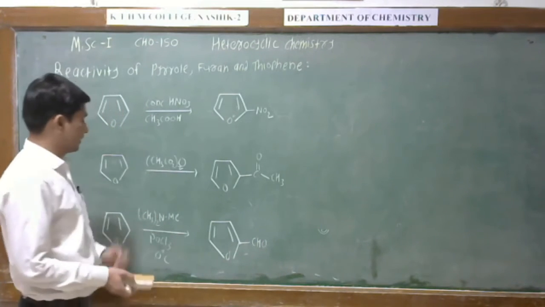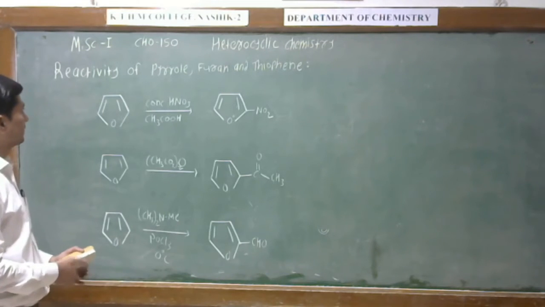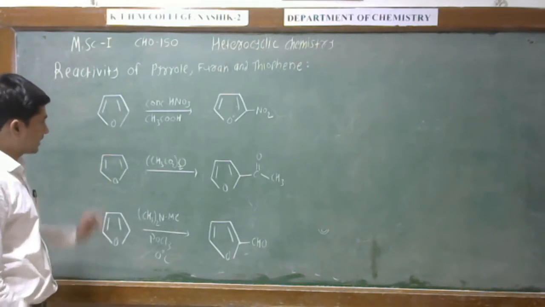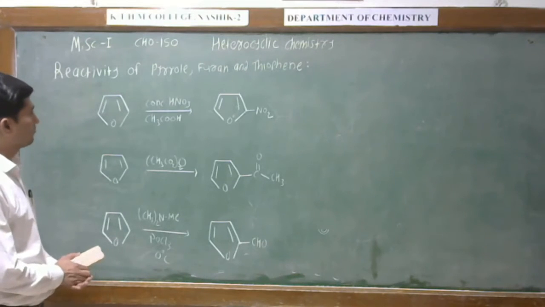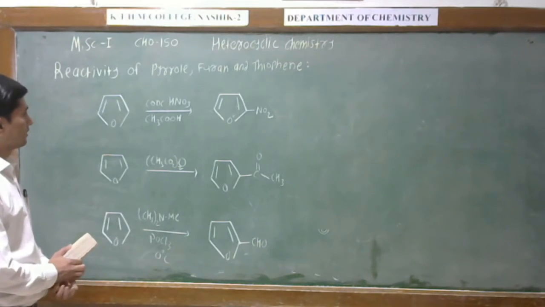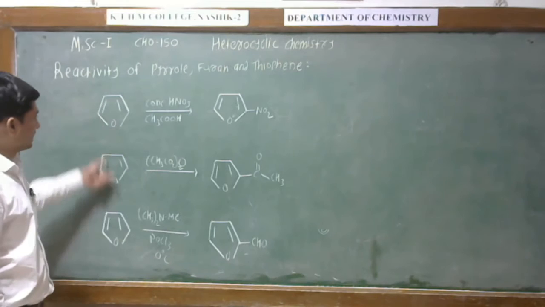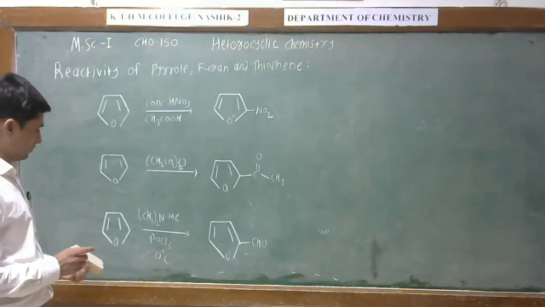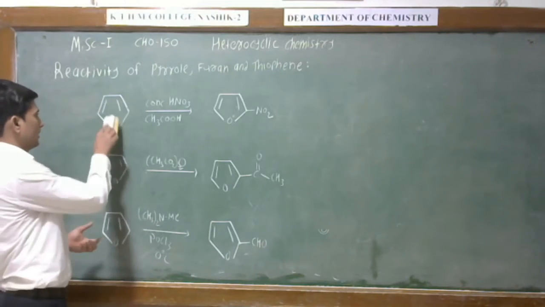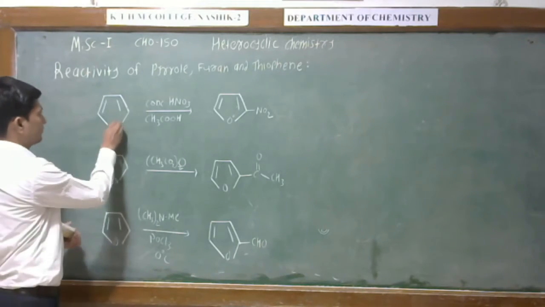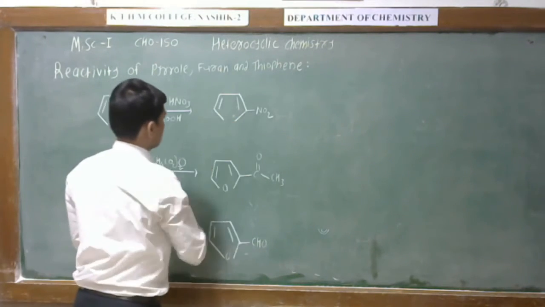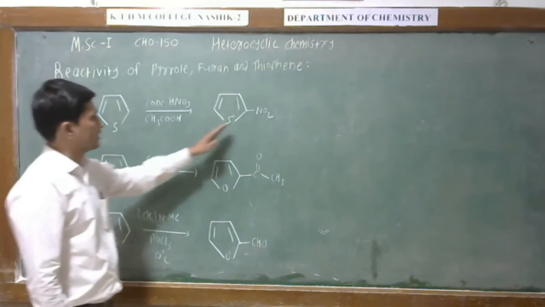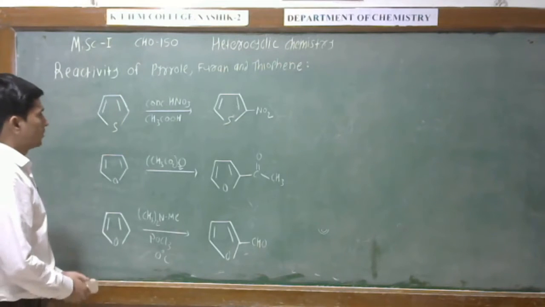In such a way, we can say that electrophilic substitution reactions in this type of compound give the product at the 2 position. In the same way, when we take here thiophene, then thiophene undergoes nitration reaction, it gives 2-nitrothiophene.